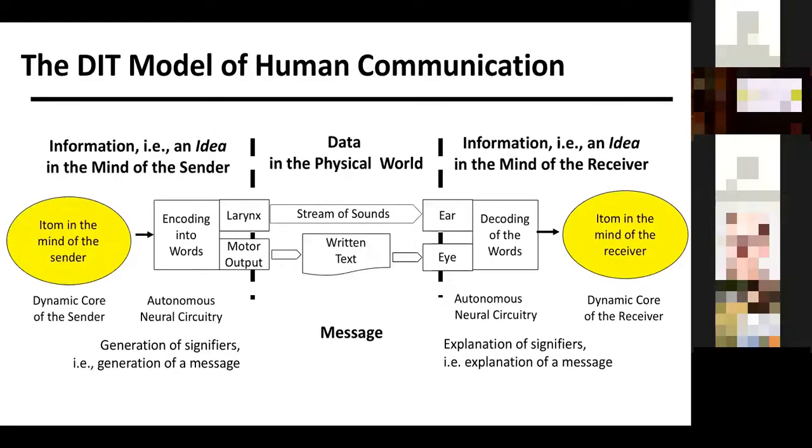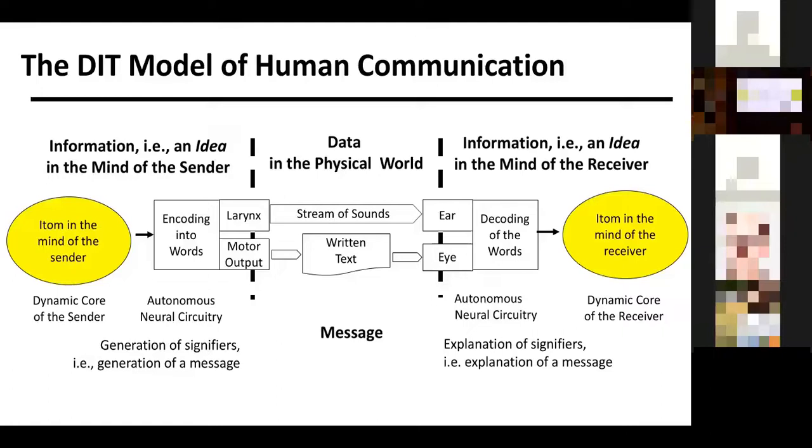So we're now in a position to give a picture of human communication according to the DRT model. We have some item in the mind of the sender, which is in the dynamic core of the sender. We encode it into words, and this is done in the language memory, more or less by autonomous neural circuitry. When you speak, you don't realize how your ideas are transformed into words.